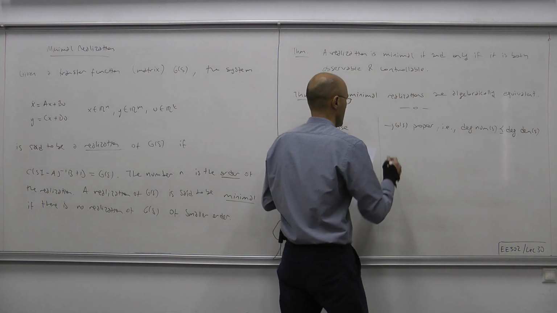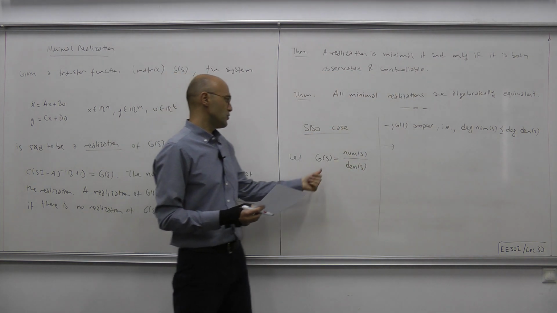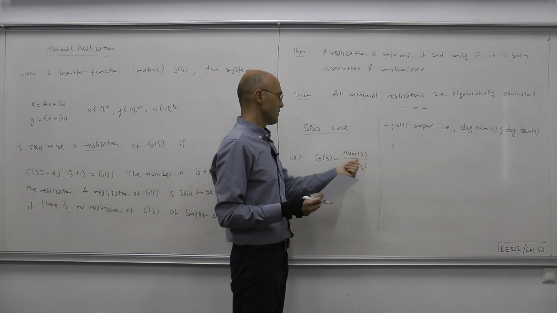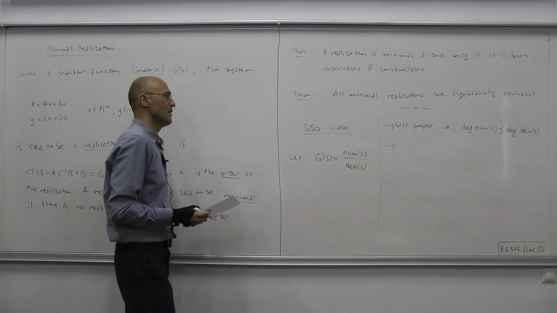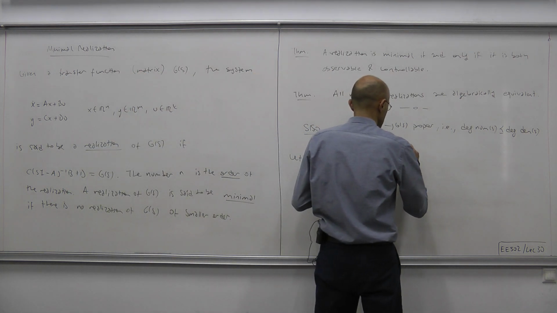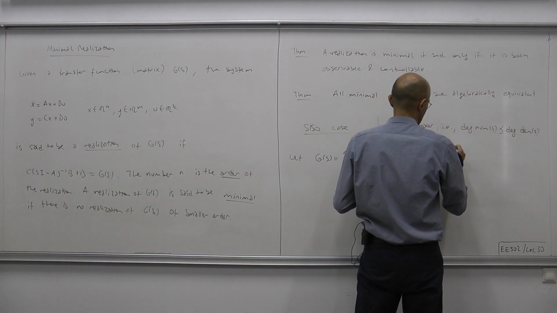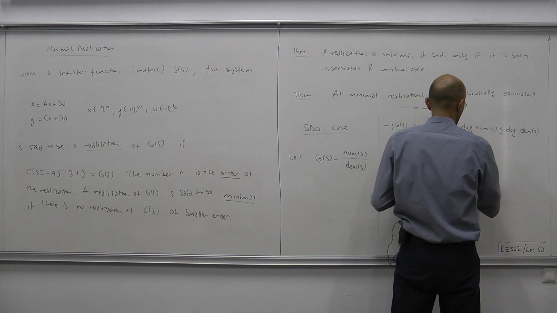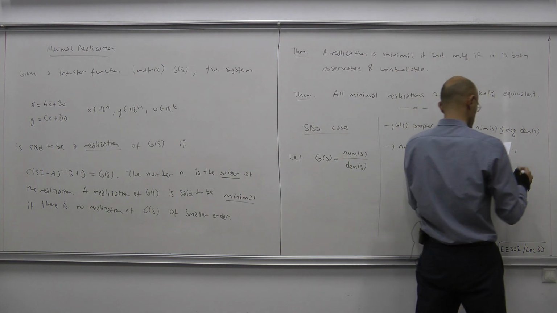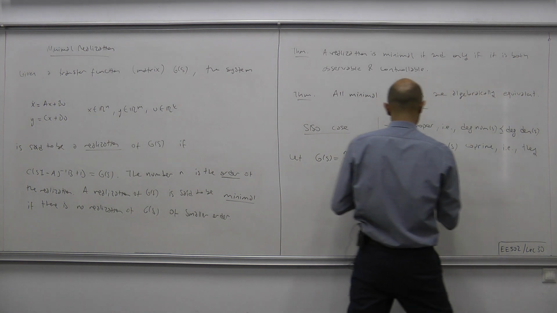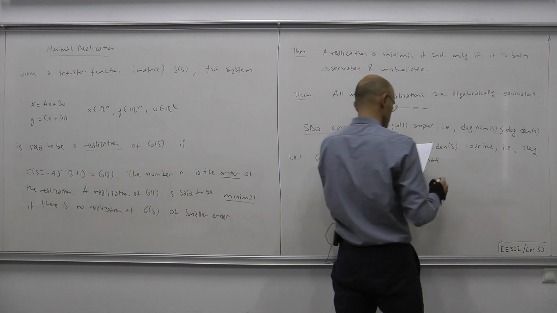Okay, and the second condition that we want g of s to satisfy is that all the pole-zero cancellations have been performed. That is, the numerator polynomial and denominator polynomial are co-prime, that is, they do not share a common root.